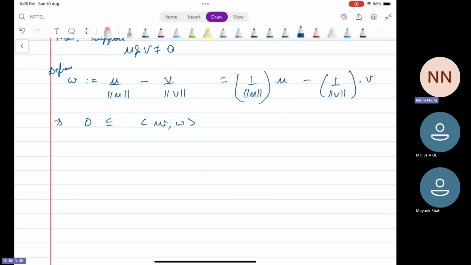This is the first property of the inner product, that the inner product with itself is always non-negative. Now, by the way we have defined w, this is the inner product of 1 by norm u times u minus 1 by norm v times v with itself.